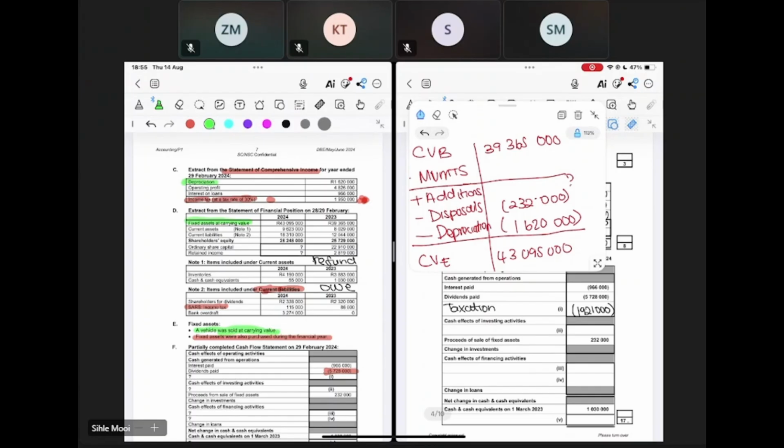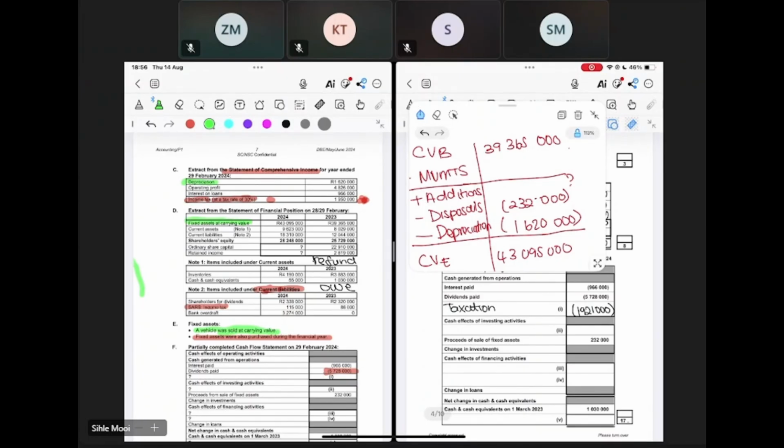So if we were calculating carrying value at the end of the year, we would have taken carrying value at the beginning plus additions minus disposals minus depreciation, and we get the carrying value at the end. So now we have to do a reverse of that. We take our carrying value at the end of the year, which is 43,095,000. Then we add back depreciation of 1,620,000.